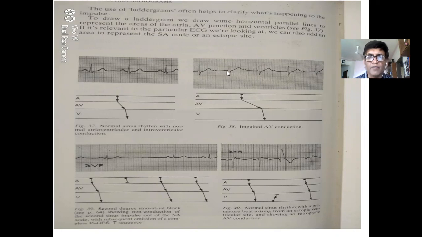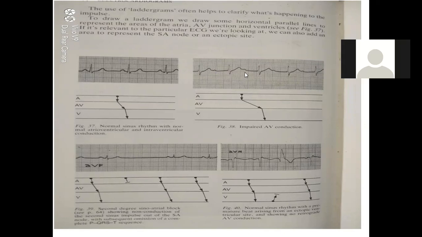How is PR interval measured? From the beginning of P to the beginning of Q. Correct? Yes. Beginning of P to start of Q. So you take the PR interval here. How many small squares? Count. 9. Second one, 9.